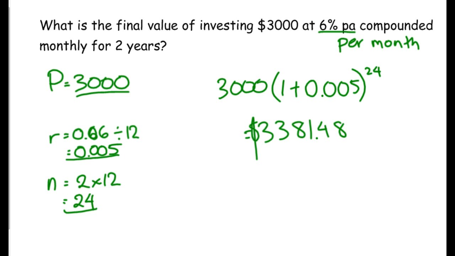You guys can do it if you want. If you just wanted to calculate it normally, like we did before, you realise that this is actually a little bit more, you get a little bit more interest. So what did I do? I had to divide the percentage by 12, and I had to times the years by 12. So effectively, I'm changing both of those amounts.